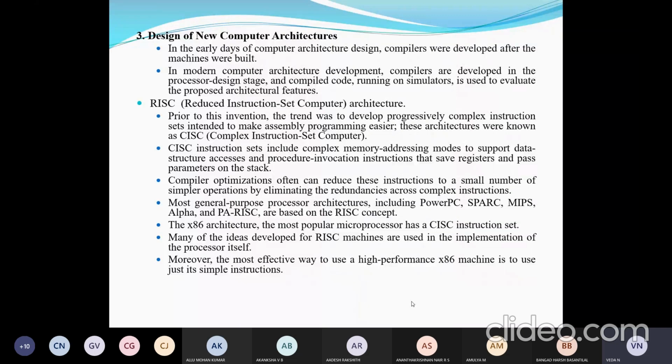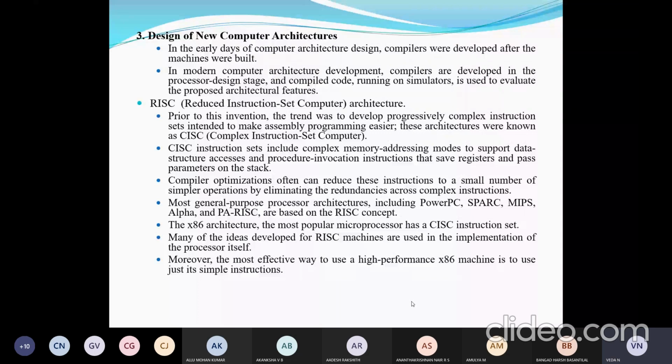In the early days of computer architecture design, compilers were developed after the machines were developed. But now, as the computer architecture is evolving, a lot of programming languages are coming. It is always a challenge for the compiler designers who develop the compiled code.